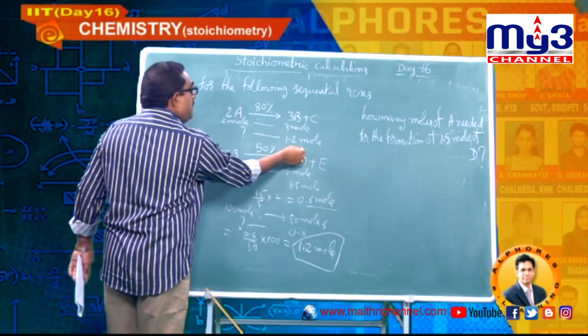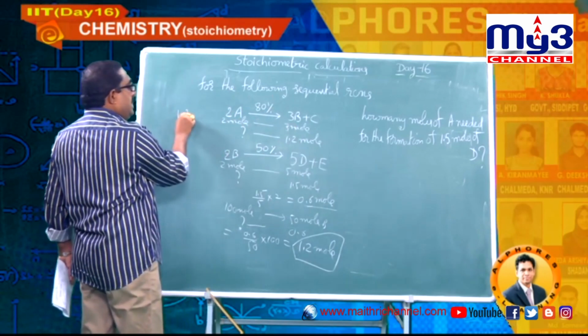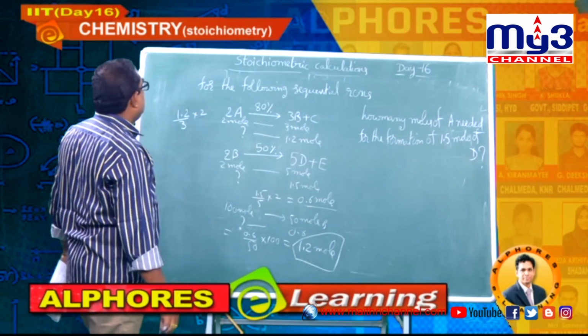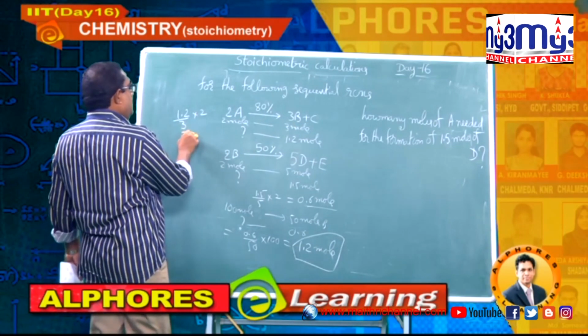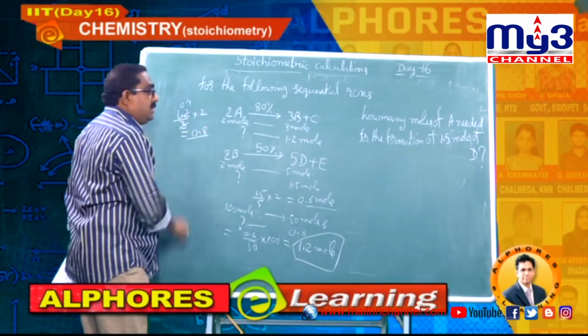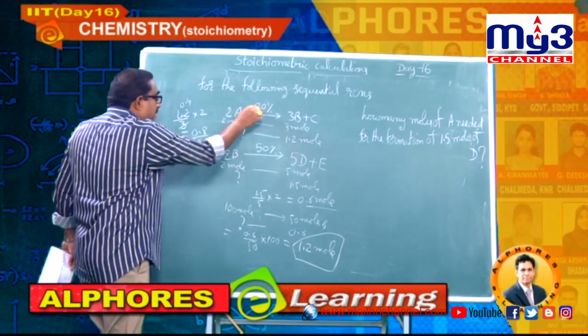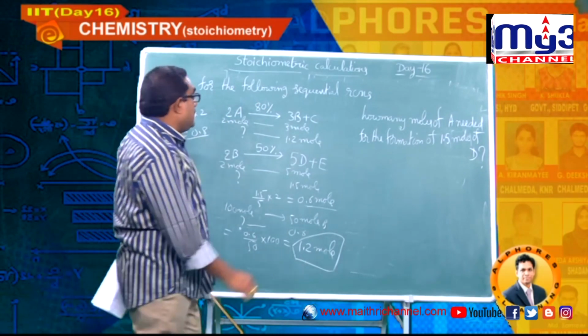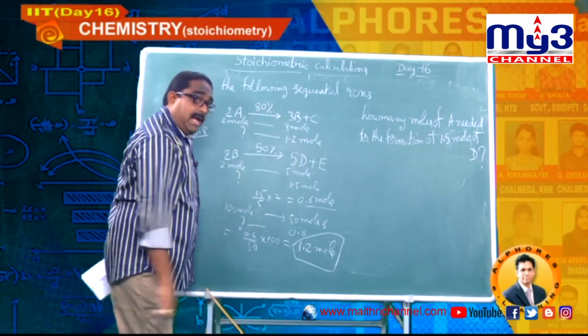2 moles gives 3, but mine is 1.2. I am calculating here 1.2 by 3 into 2. How much? 0.4, so 0.8 mole. Without 80%, the requirement is 0.8. But he is saying only 80% reaction.